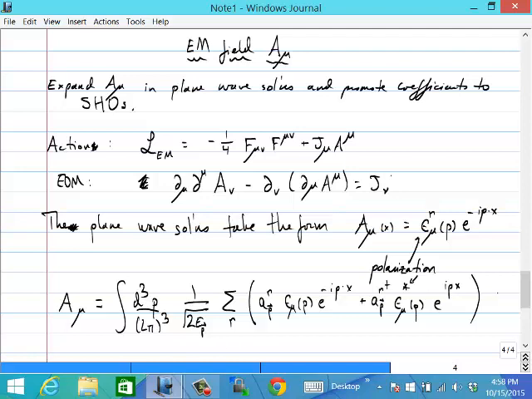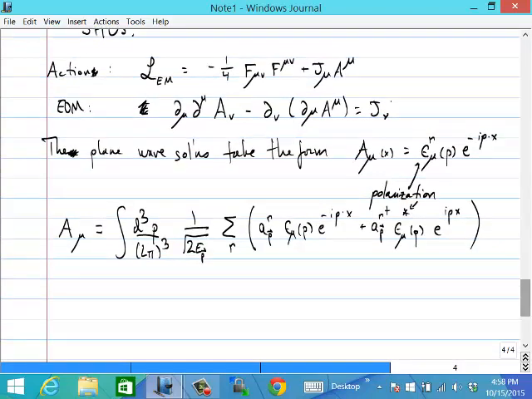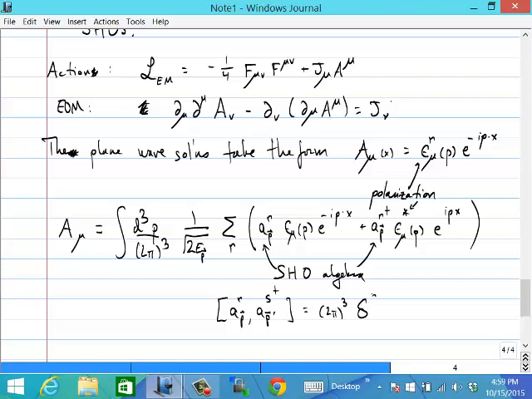And as with the scalar field, these A's will now obey the simple harmonic oscillator algebra, so that, for example, the commutator of A_p with A_p prime will be equal to 0 unless p is equal to p prime.